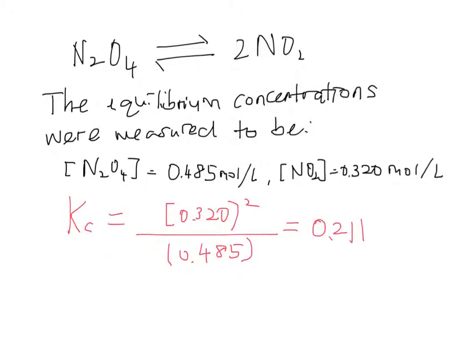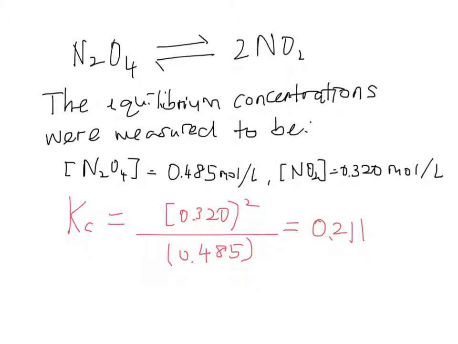Recalling the formula that I've just taught you, we put in the values: the product's concentration raised to the power of the number of moles, 2 here, then divided by the concentration of the reactant. Because there's only 1 mole, the power is 1, and the answer is actually 0.211. It has no units, mainly because both are concentrations, therefore the units cancel out.